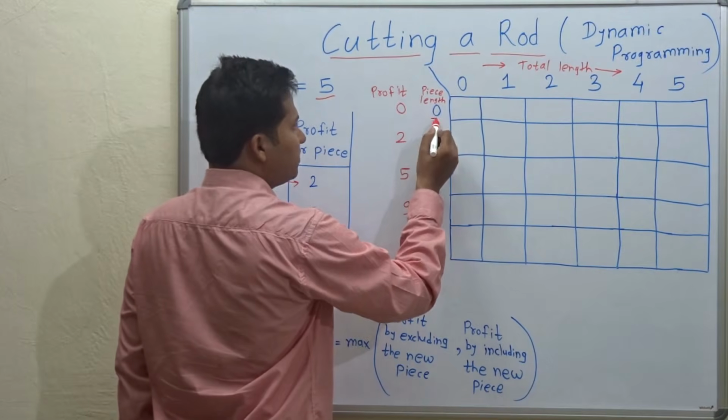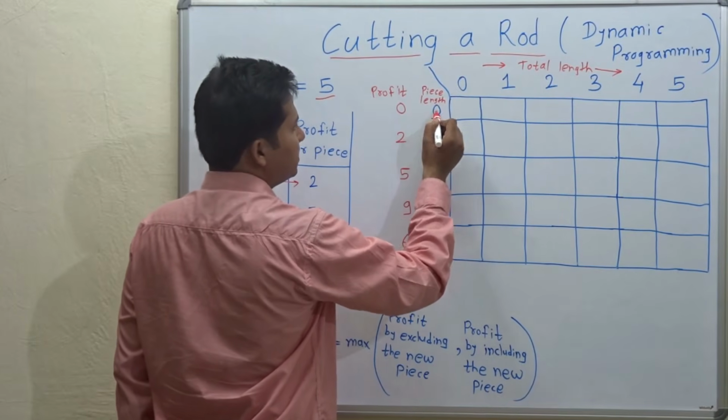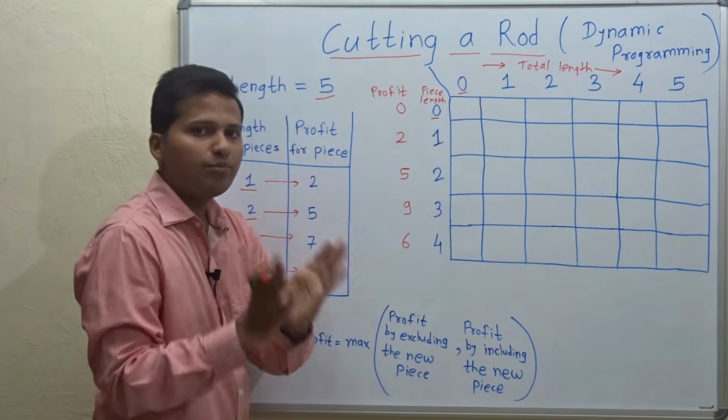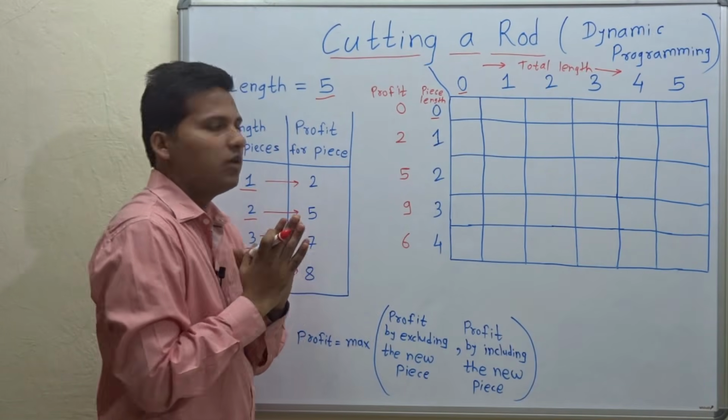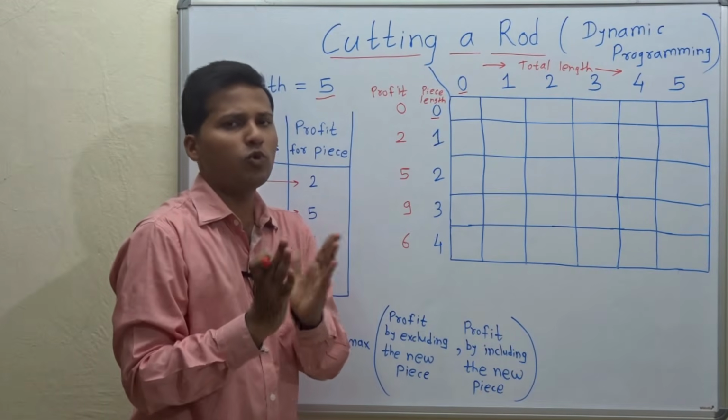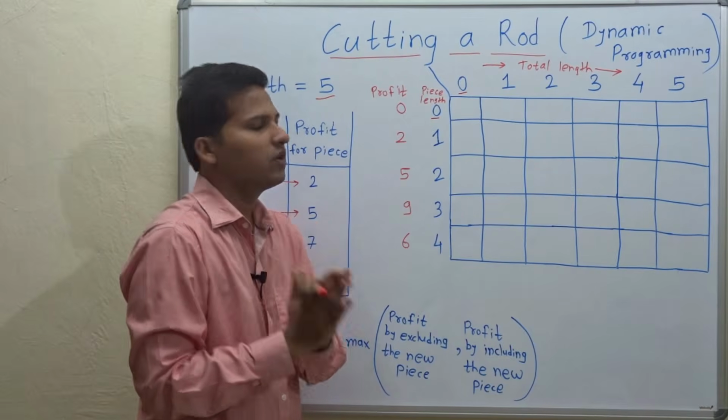The 0 length of the piece and 0 length as the total length, these are hypothetical conditions. Means this is just a base condition for writing the code.